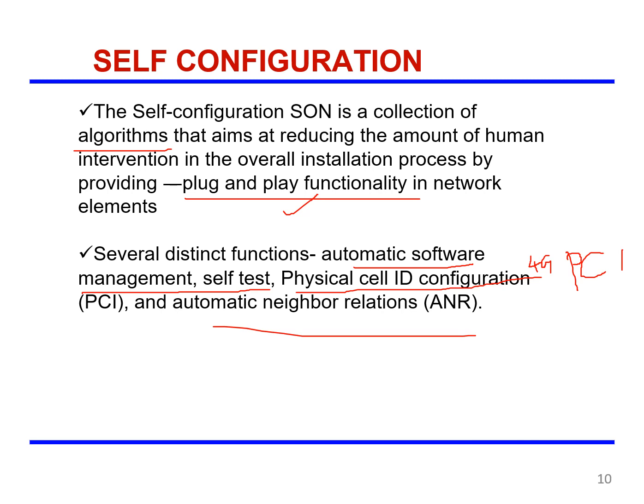Automatic neighbor relations means, in order to perform the handover, as we know, every cell should know what its neighbors are. Otherwise, the handovers will fail and the call will be dropped. No neighbor definitions means no handovers, the call will be dropped.